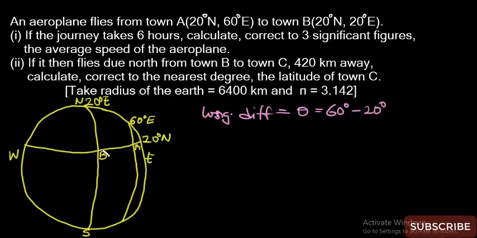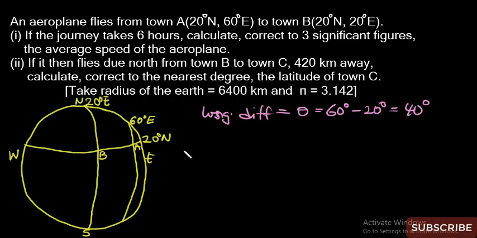It moved from 60 to 20, so the difference between the longitudes is equal to 40 degrees. Then the radius of the earth, as we know, is 6,400 kilometers.